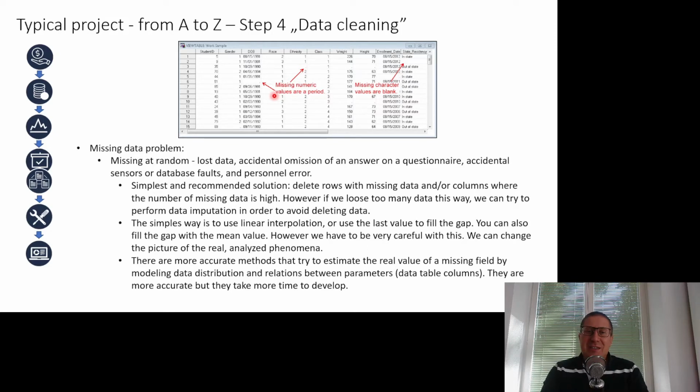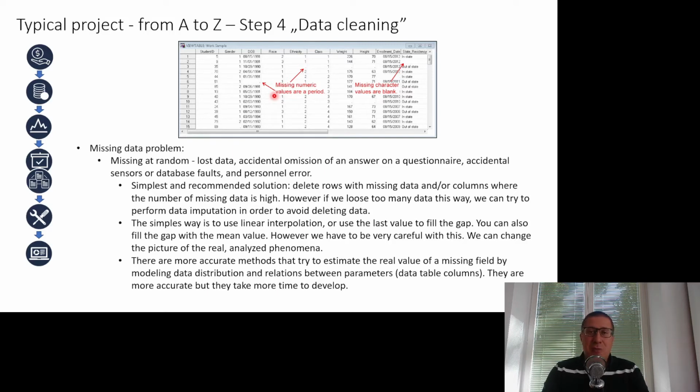We can delete the rows or columns with missing data, but of course the condition here is that we can do it if the number of missing values is not high, it's relatively low. Then we can do it without losing too much information from the data.